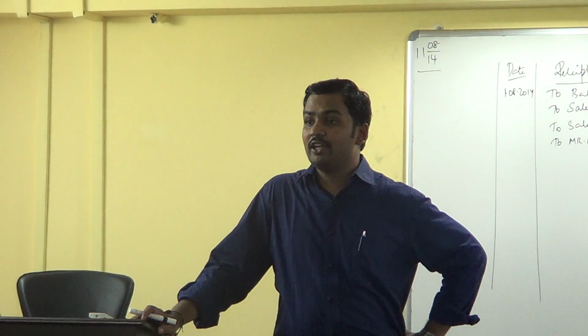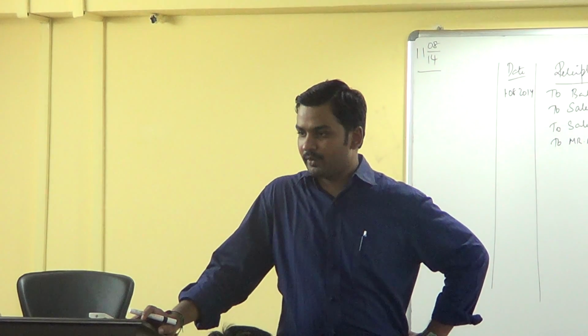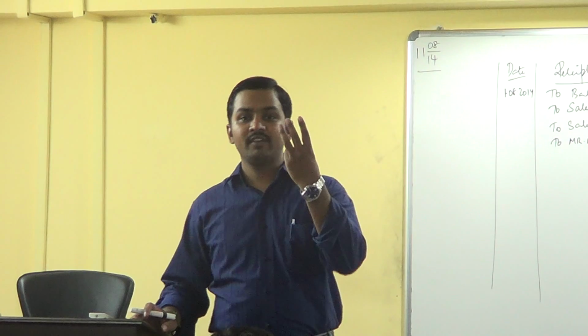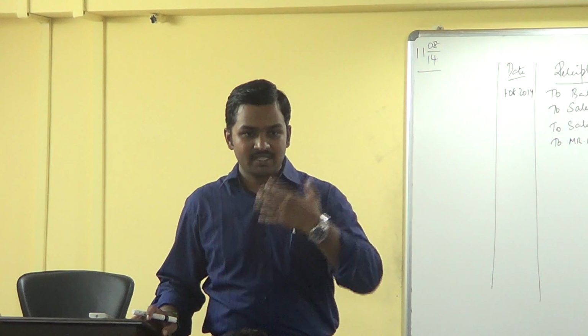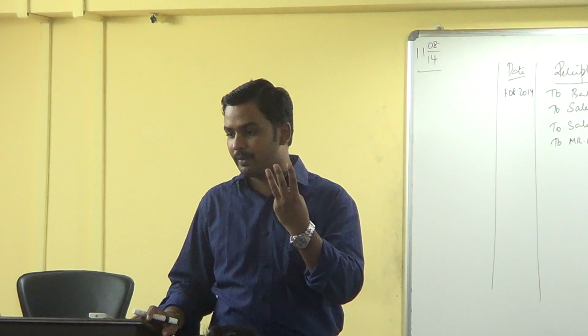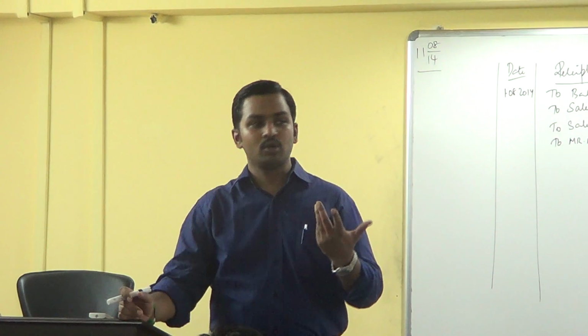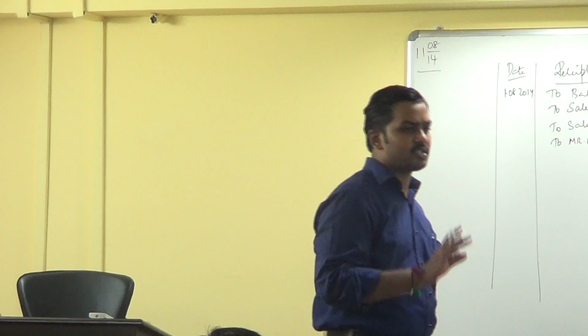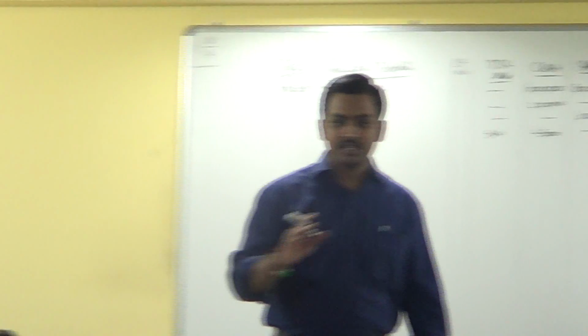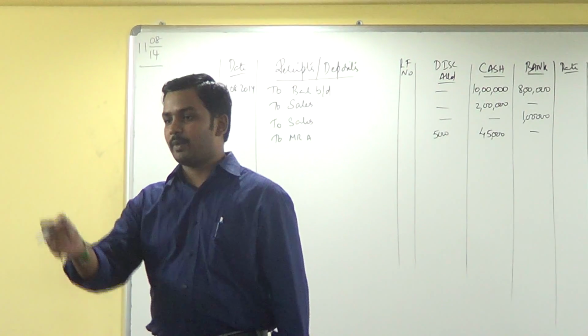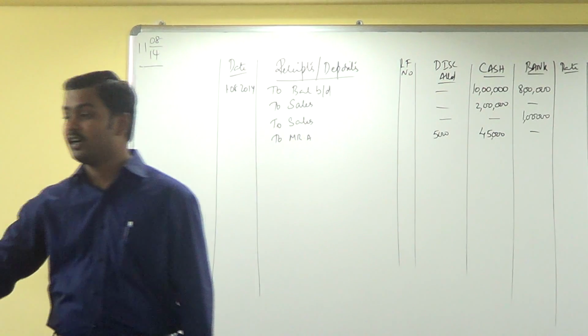But we are issuing a check only for 69,300 in full settlement. Mr. C has given us 3 months time to make the payment, but maybe we are making the payment early. So Mr. C is saying, don't pay me the entire amount, you can take 1% discount. So he is allowing us some discount. That is why we are paying only 69,300 in the form of a check.